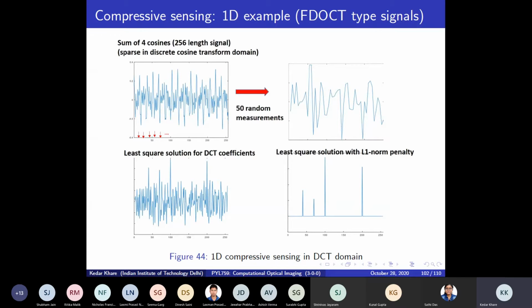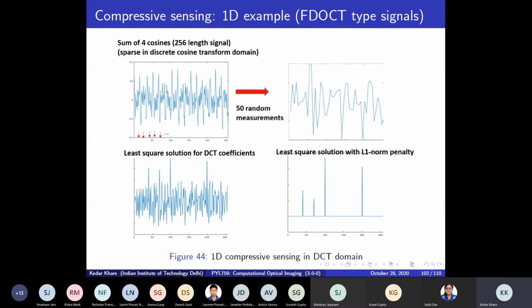If I take fewer measurements and try to solve this least square problem, this is the solution that I get. Whereas if I add the L1 penalty on the discrete cosine transform coefficients, you can get a really nice sparse solution where only these coefficients are non-zero, and the other coefficients are 0.